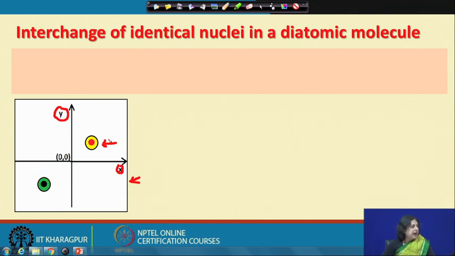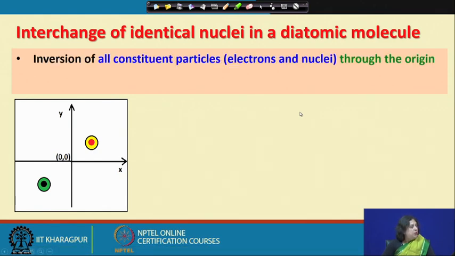Now, if I carry out an interchange of the identical nuclei in a diatomic molecule, I will do this in two steps. The first step is we will invert all the constituent particles of the molecule, including the electrons and the nuclei, through the origin. In this picture, this point is my origin.